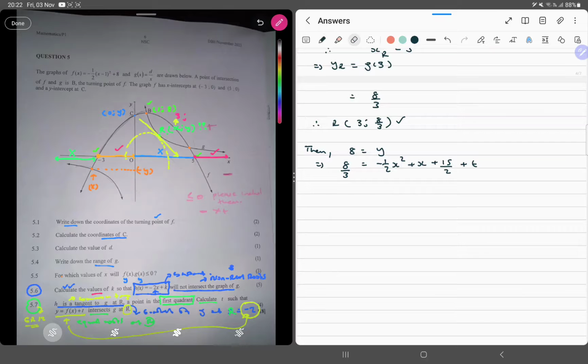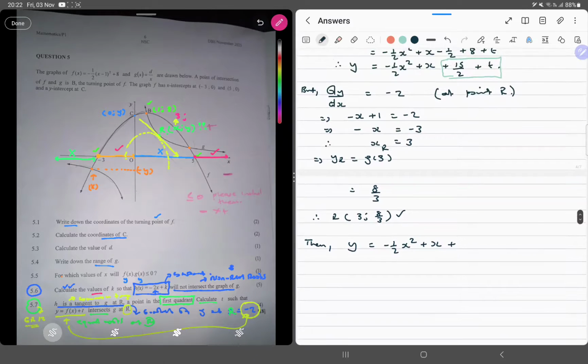Or maybe let's do it this way, guys. Let's not be silly. Why am I complicating my life? Then this y equals minus half of x squared plus x plus 15/2 plus t. We know that point r is also a point on that function. So with r looking like this, 3 to 8/3.